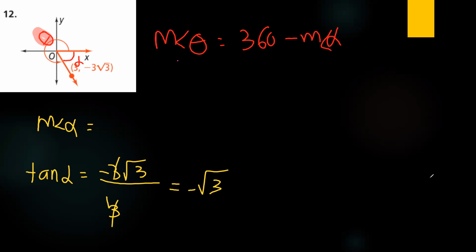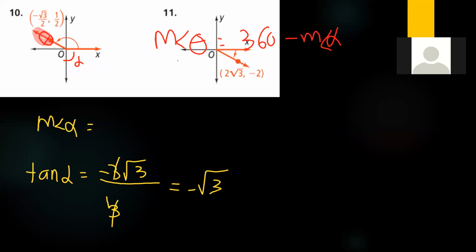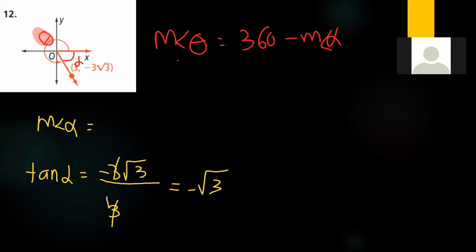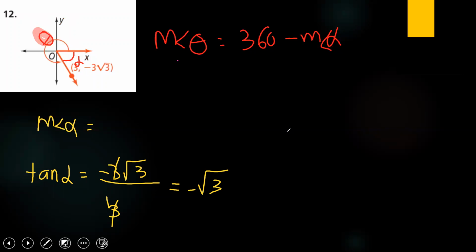Now, as I told you, from here you can use your calculator. The answer will be negative, 60, yes? So tan alpha is negative square root of 3, so alpha will be negative 60.